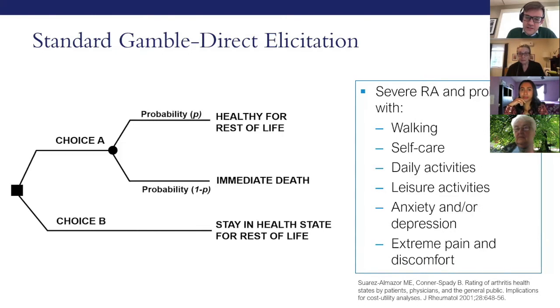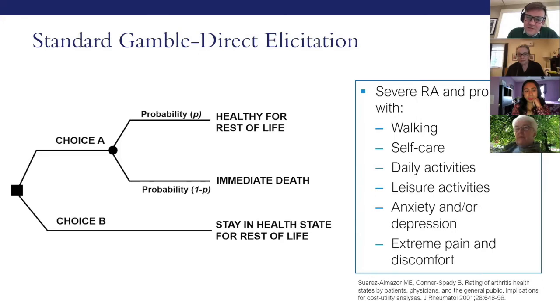These are typically elicitation exercises you do in person with people. So this is an example where you're asked to imagine that you have severe rheumatoid arthritis and problems with walking, self-care, daily activities, etc. So there's a description of a healthcare context, and we've simplified it for this slide, but you would provide maybe more details around that.